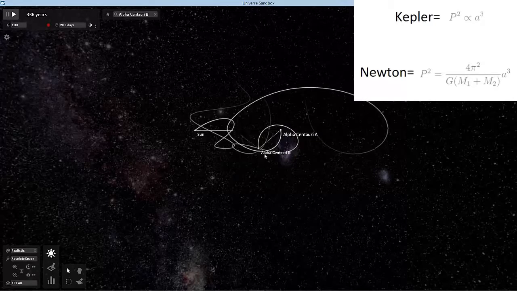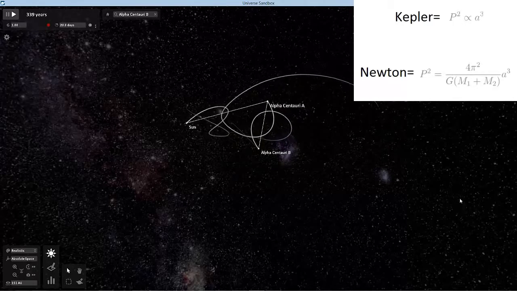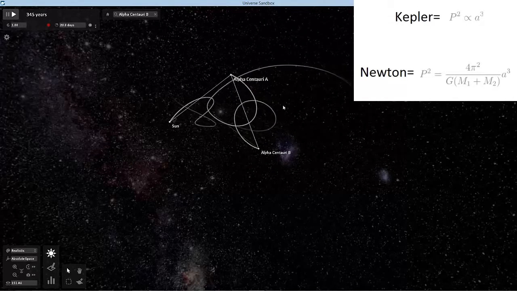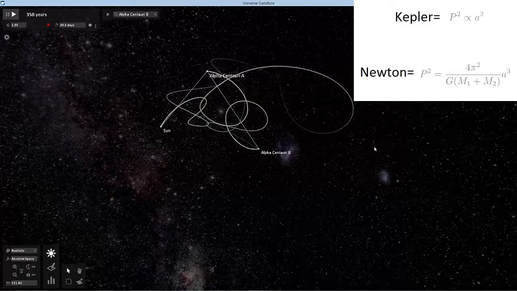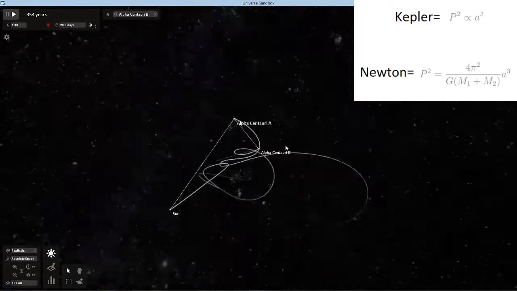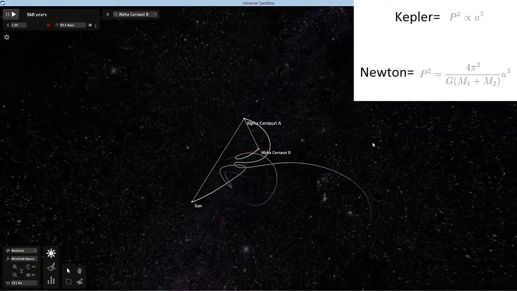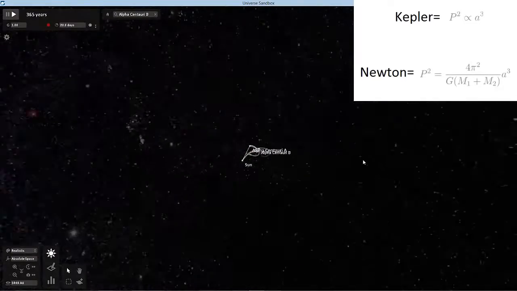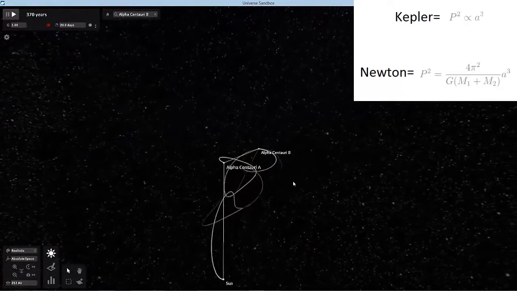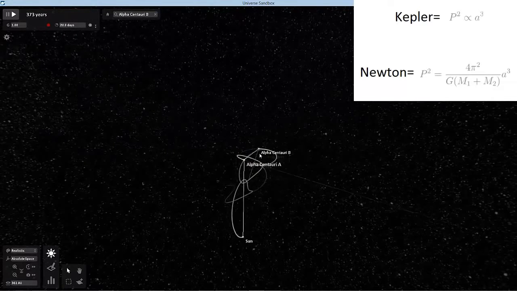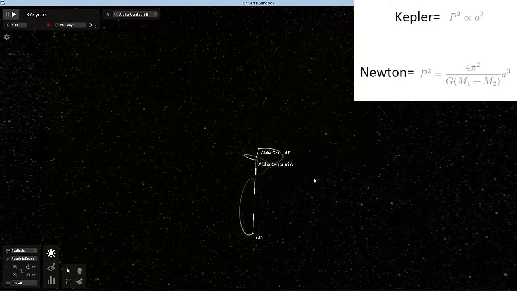Last time I did this, the two stars shot off from each other and one was stuck in the middle. And that's quite interesting. So anyways, that's very important as far as understanding the laws.